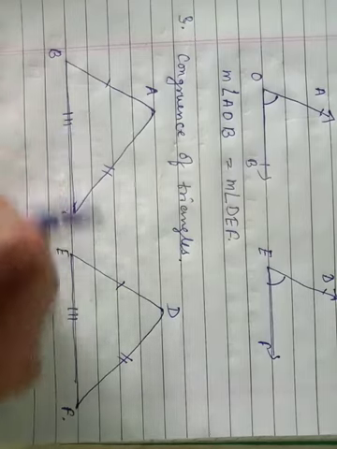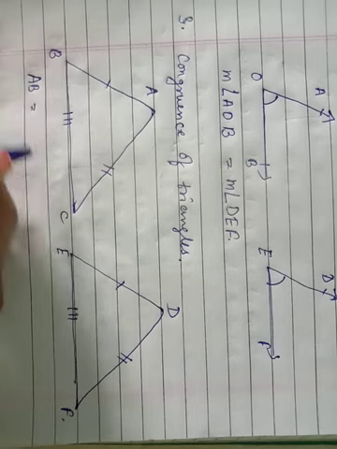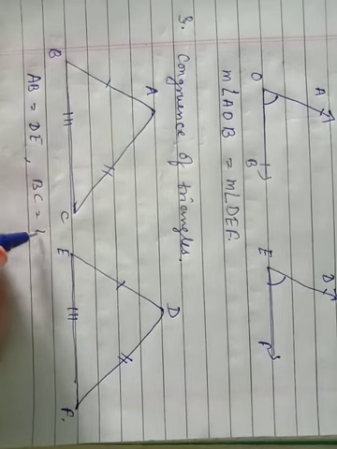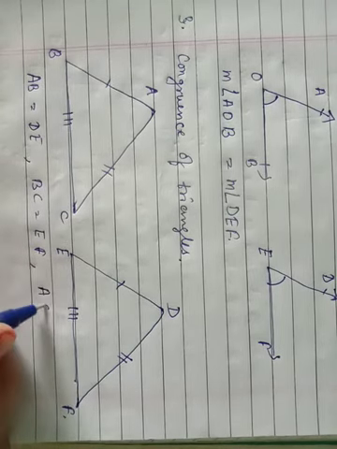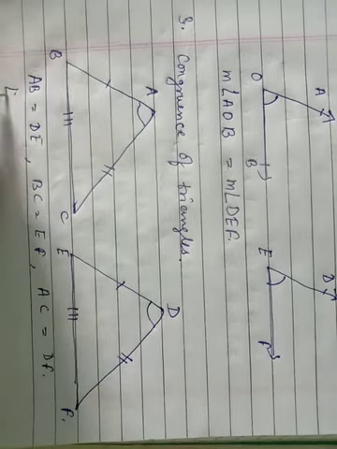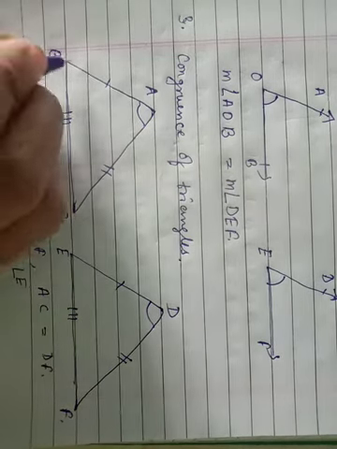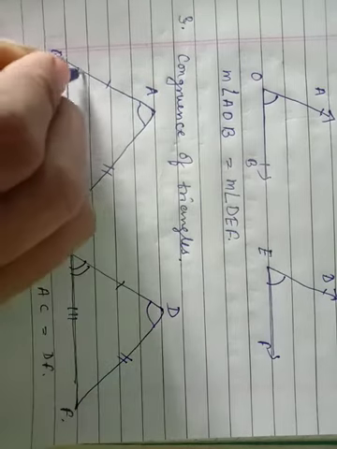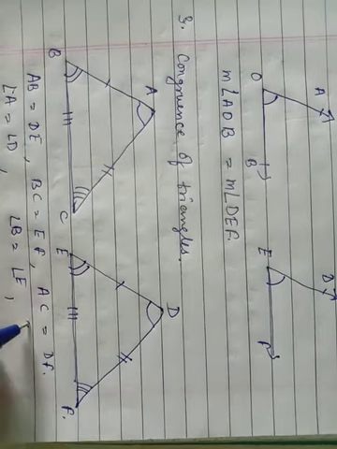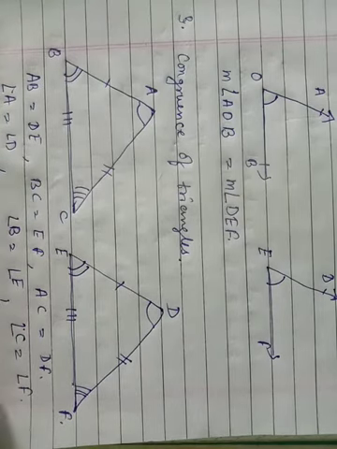Okay, then these two triangles are congruent. How? When the length of AB is equal to the length of DE, BC is equal to EF, and AC is equal to DF, and angle A is equal to angle D, angle B is equal to angle E, and angle C is equal to angle F. Then we say that these two triangles are congruent to each other.